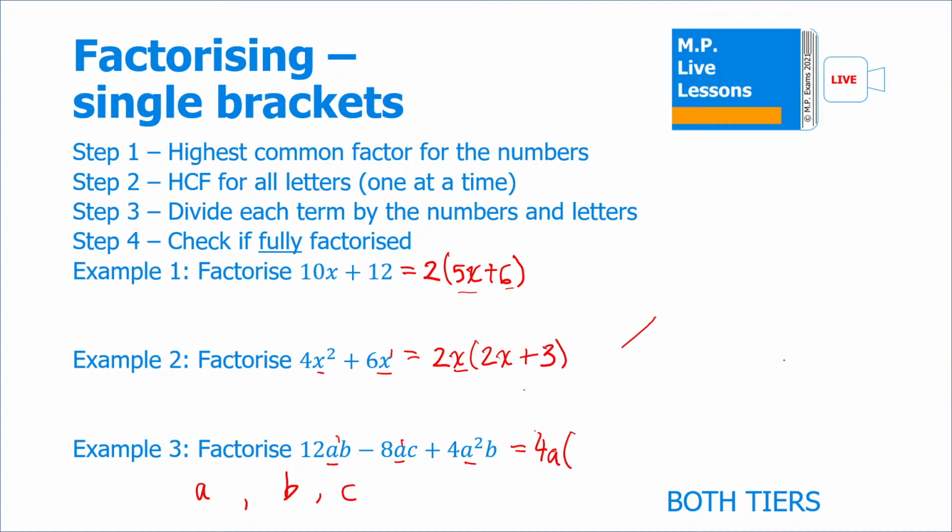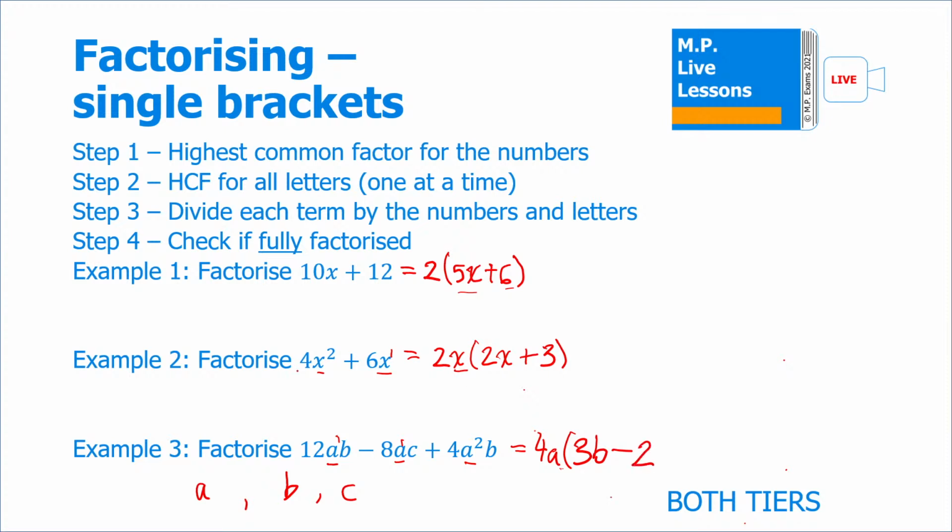So 12AB divided by 4A, so 12 divided by 4 is 3. A divided by A is just nothing. So 1 actually, but we ignore it. It cancels out. Then B, it's not divided by any B, so that's just B here. Negative 8 divided by 4 is negative 2.